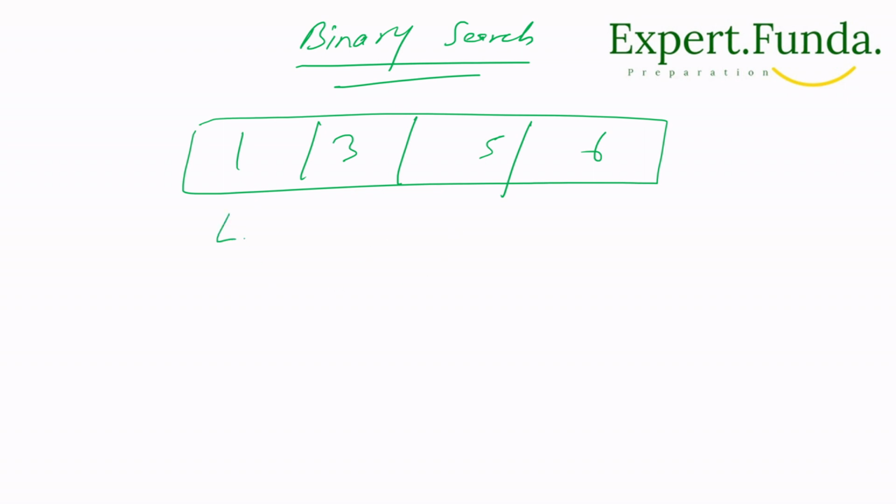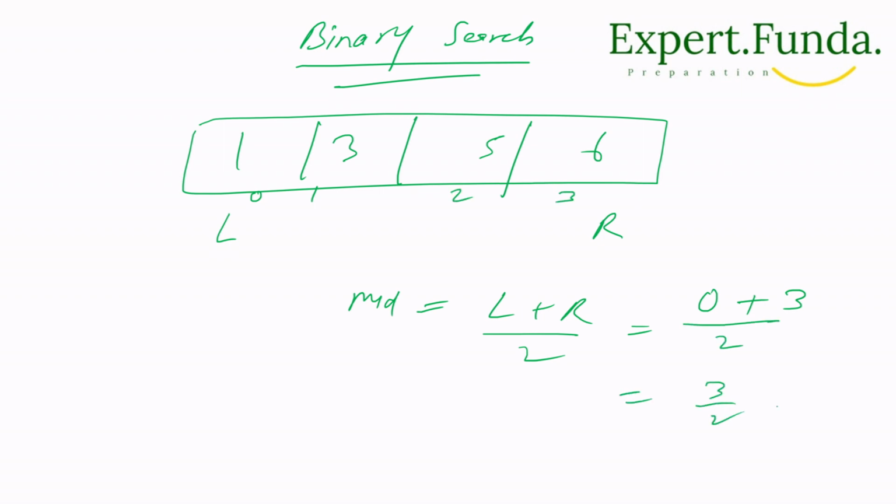If this is left and this is right, the middle will be left plus right divided by 2. If left is at 0 and right is at 3, indices 0 1 2 3, then 3 divided by 2 equals 1, so this is our mid.